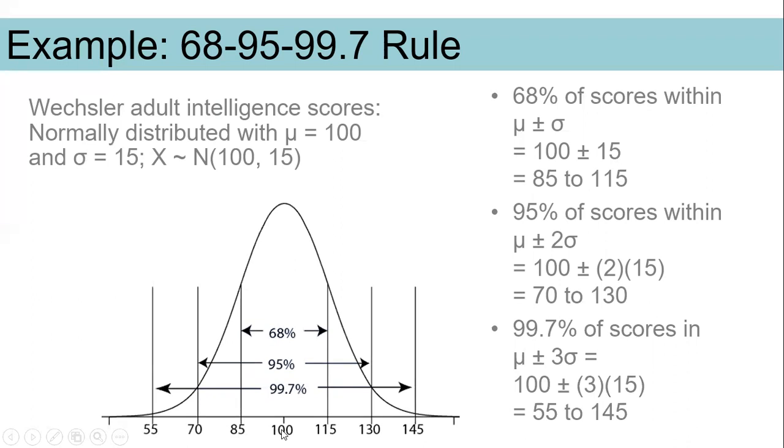Plus 15 if you go to the right: 115, 130, 145. So 68% here are 85 to 115. 95%, 70 to 130. And from 55 to 145, approximately 99.7% of them. I hope it's clear.